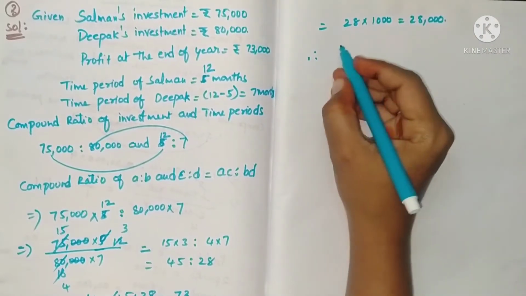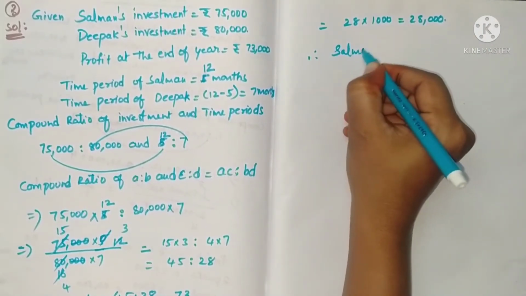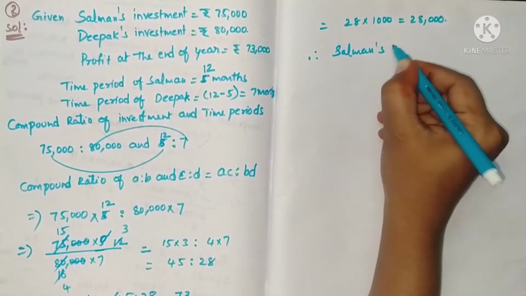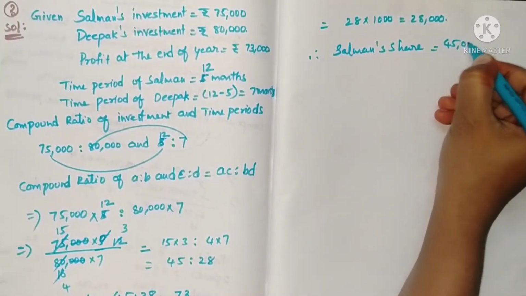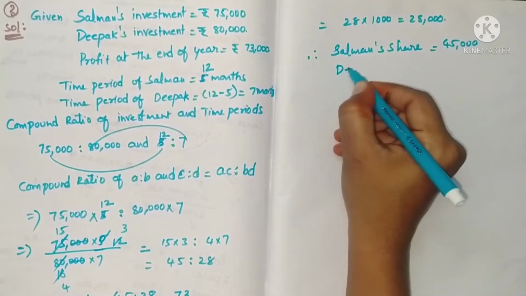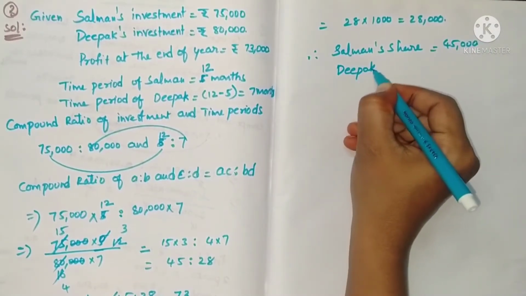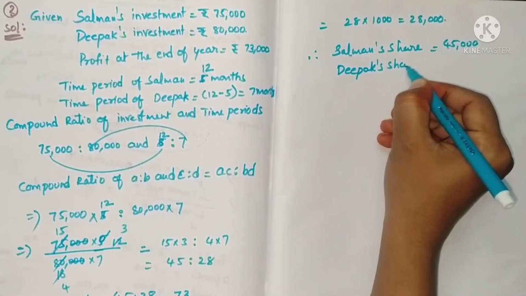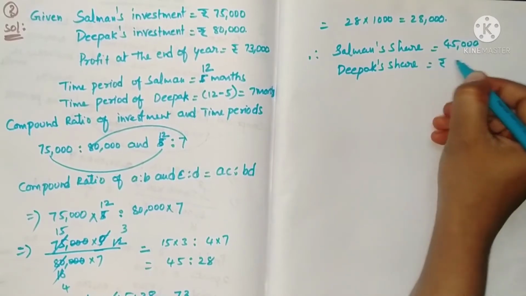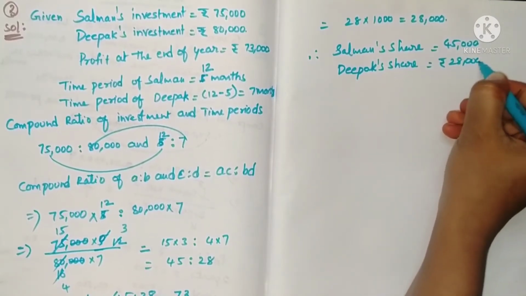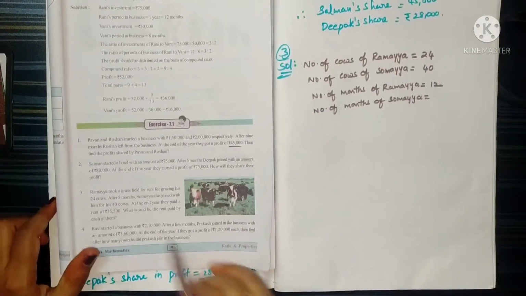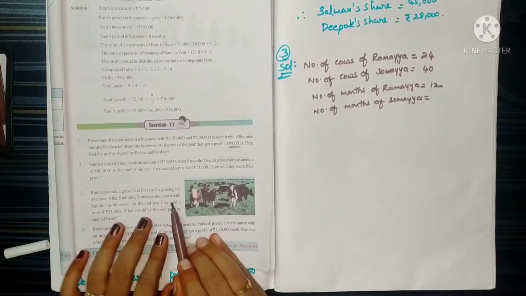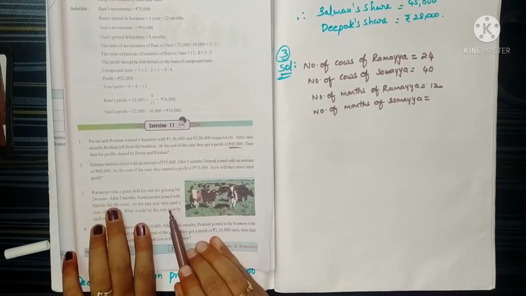So therefore finally Salman's share, how much? 45,000. Next, Deepak's share 28,000. That's it. Third problem. Ramaya took a grass field for rent for grazing his 24 cows.